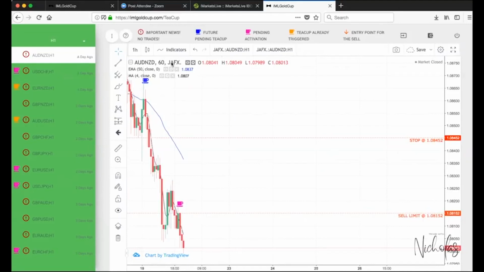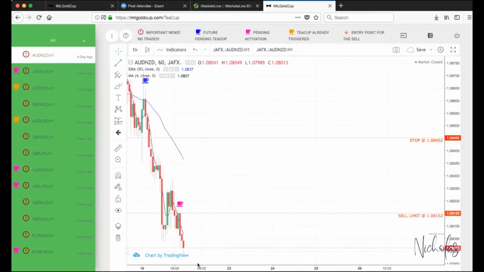If you do not have JFX, these numbers will not be exactly the same. I personally have FX Choice. So sometimes when I copy and paste stuff into my phone or into my trader on my computer through my broker, I have to always remember the teacup rules.